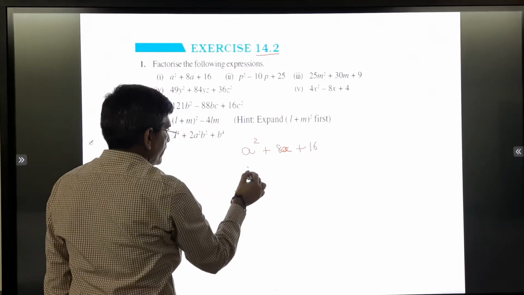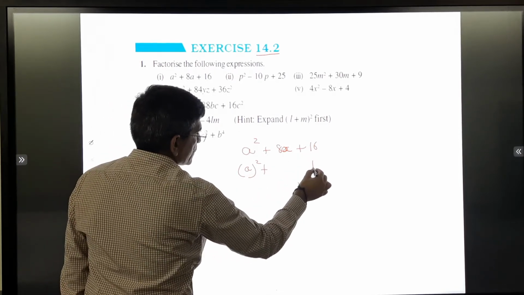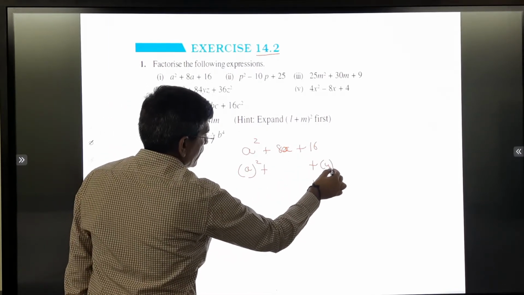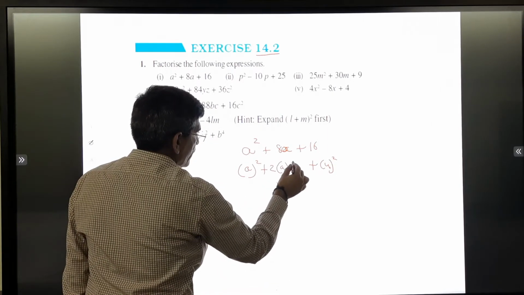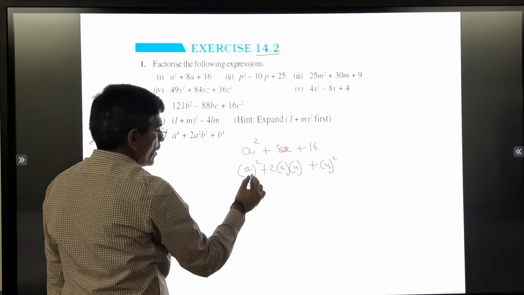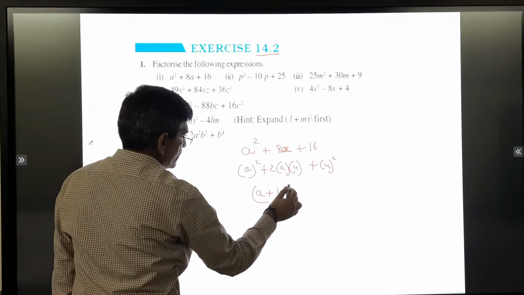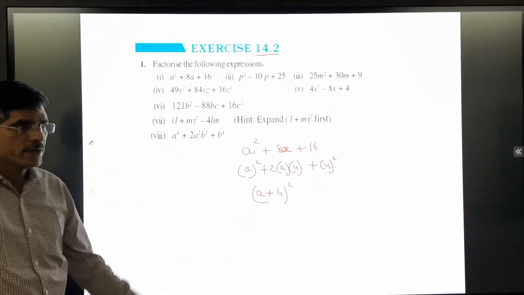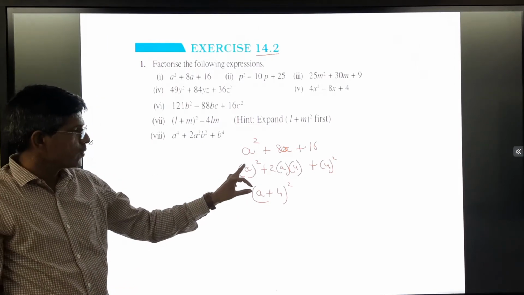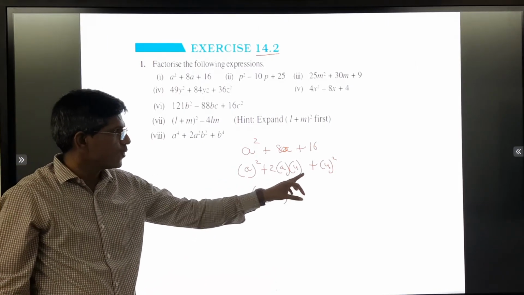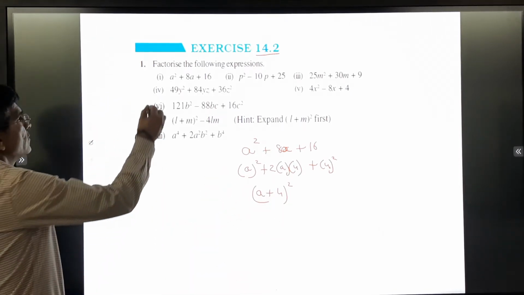Which way do I have to write it? a whole squared, the last digit is 4, so I write 4 squared, and in between the formula 2 into a into 4. Now the answer is in the third step: a plus 4 whole squared. So a square plus 8a plus 16 is a whole squared plus 2 into a into 4 plus 4 squared, that is a plus 4 whole squared. That is the first.